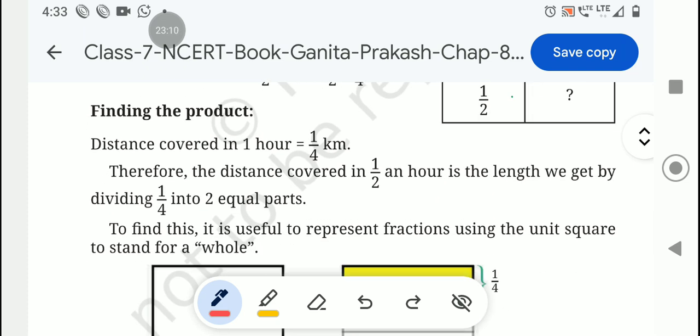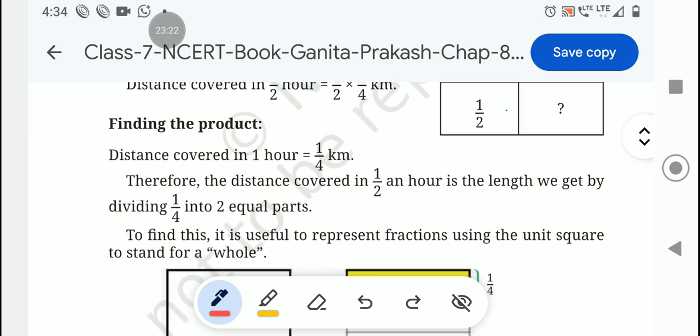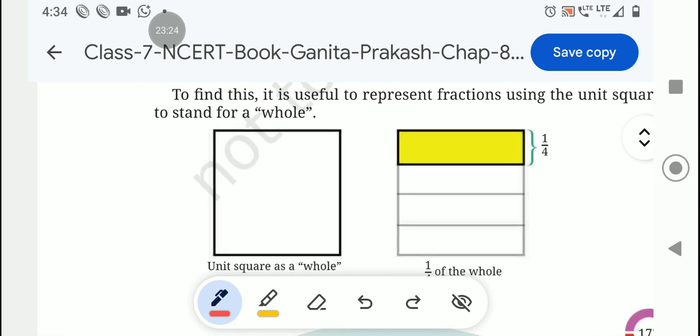To find this, it is useful to represent fractions using the unit square to stand for a whole. So here we have to use the unit square. What we have multiplied is 1 by 2 into 1 by 4, right? I'll just write those numbers here.